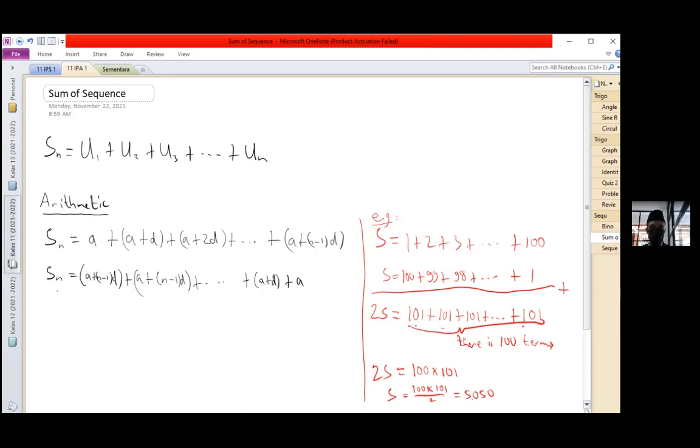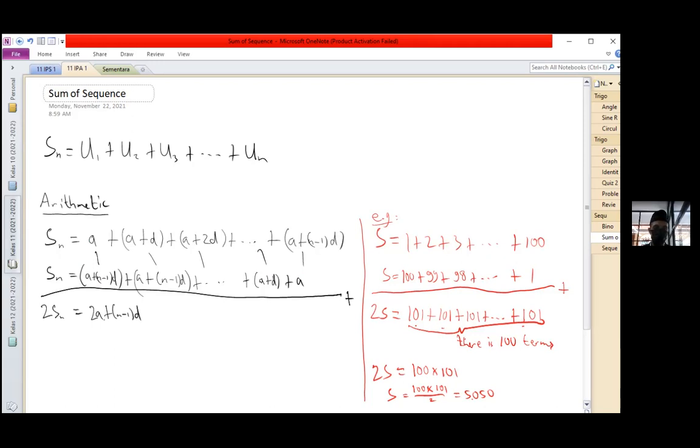We add all of them up, so we'll get 2S, or 2Sn in this case, equals a plus ... so we get 2a plus n minus 1 times d, right? Each pair will add up to the same amount.